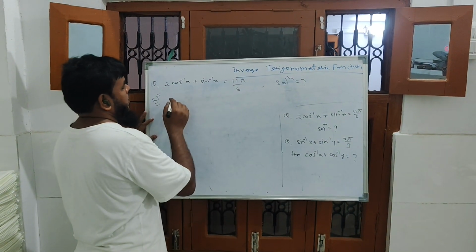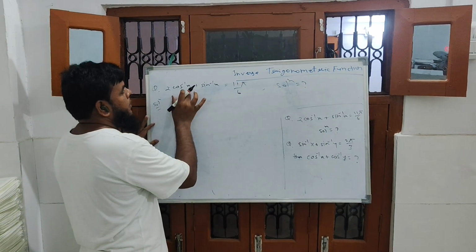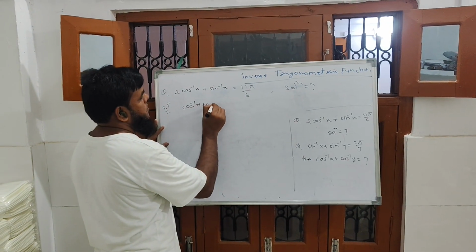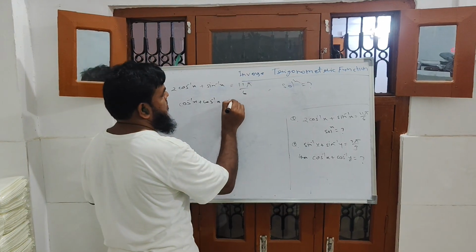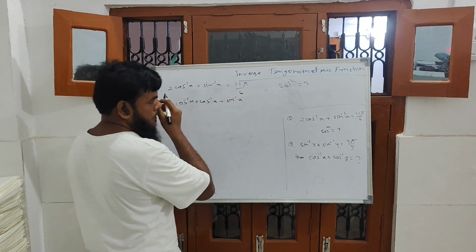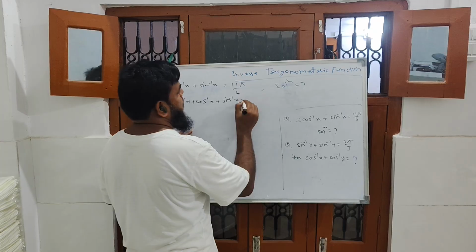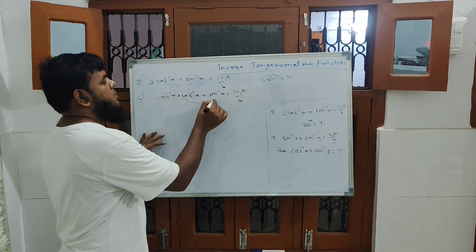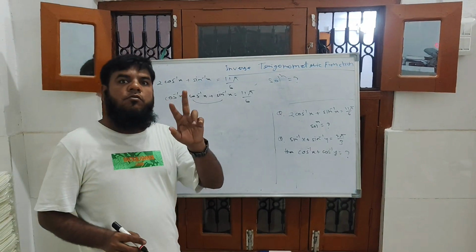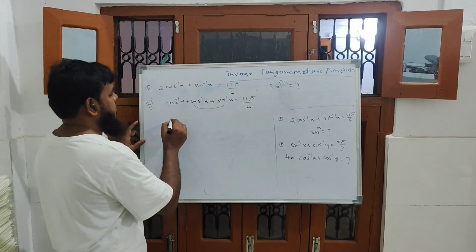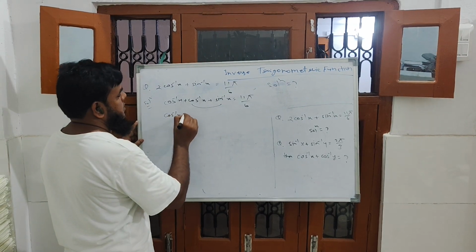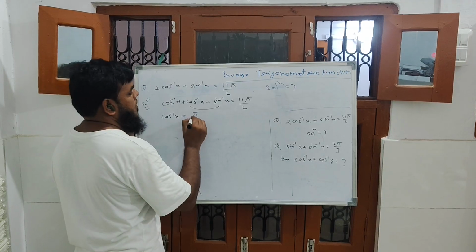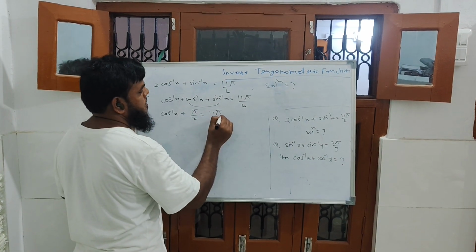So we can split it as cos inverse x plus cos inverse x plus sin inverse x equal to 11 pi by 6. Using the property, cos inverse x plus sin inverse x equal to pi by 2, we get cos inverse x plus pi by 2 equal to 11 pi by 6.